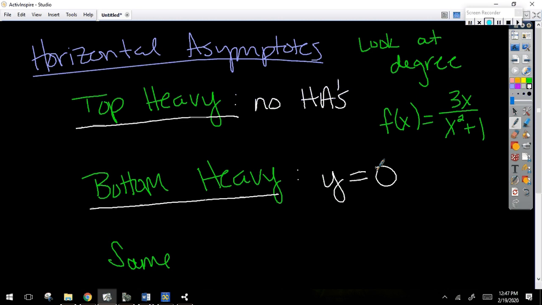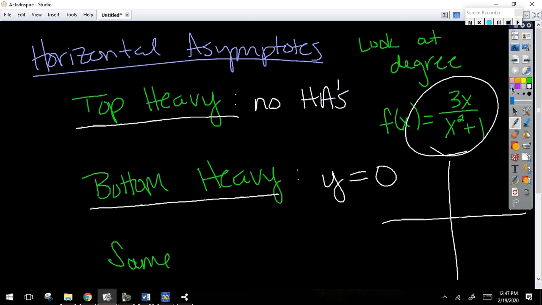Where is y equals 0? Right in the middle. It's the x-axis itself, right? So this one, because we're bottom heavy, whatever else it does, it's got an asymptote right here. Everybody okay on that?